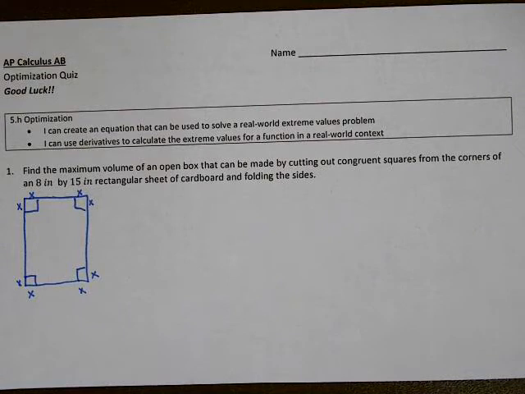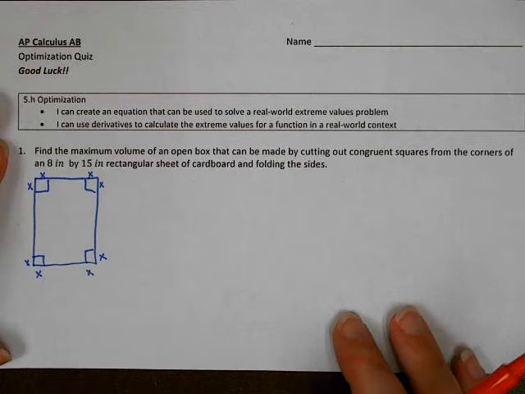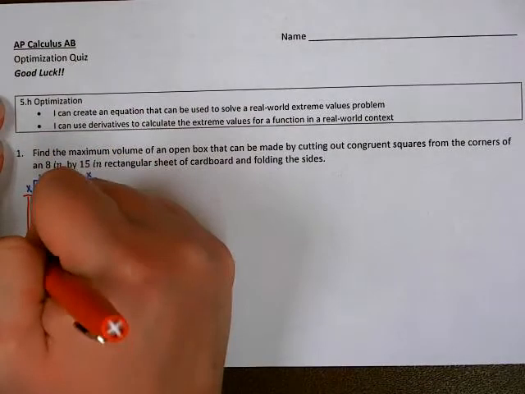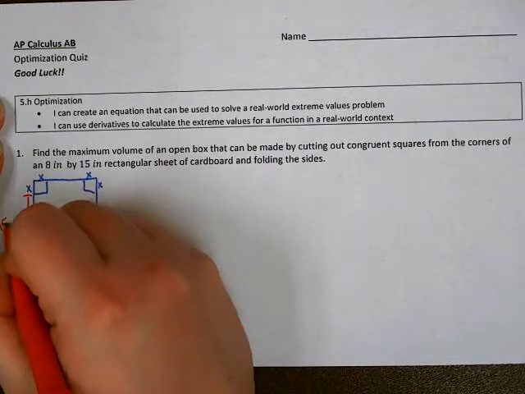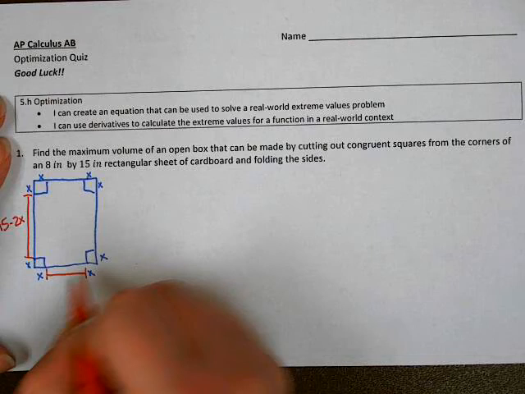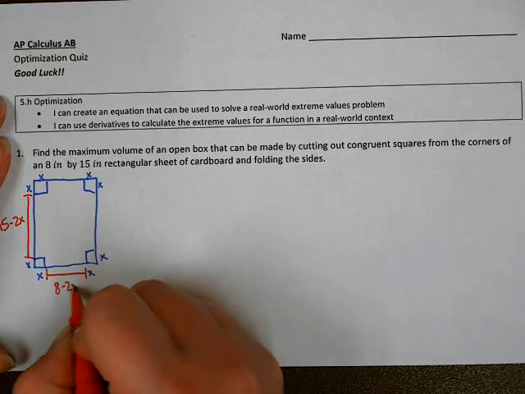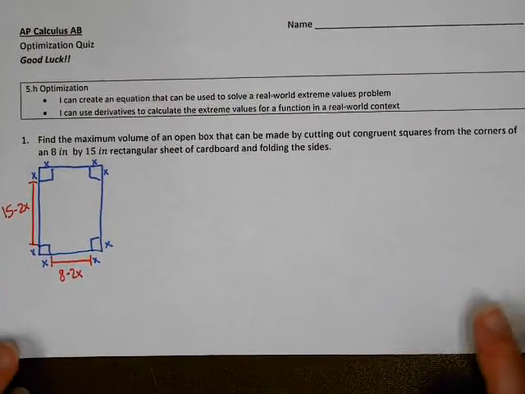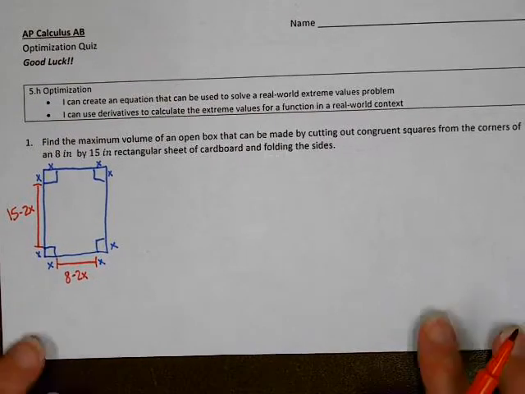All right, and this was an 8 by 15 inch rectangular sheet. So that means now that this distance is 15 minus 2x, and this distance is 8 minus 2x. Okay, and when we fold those sides up, the height is now x.